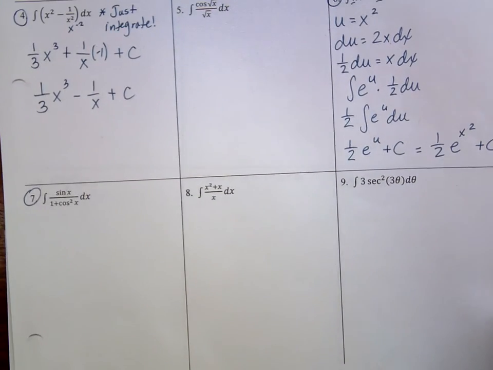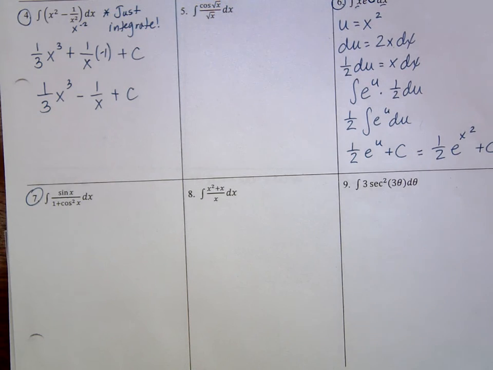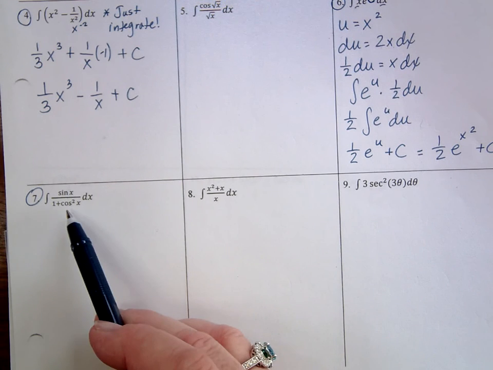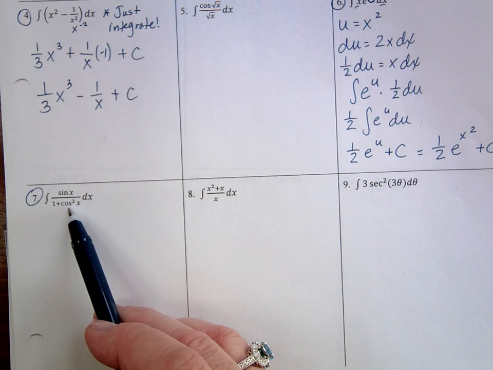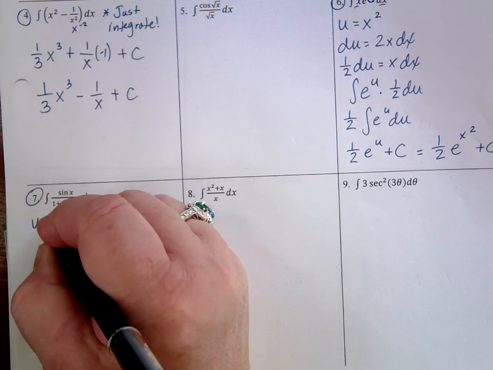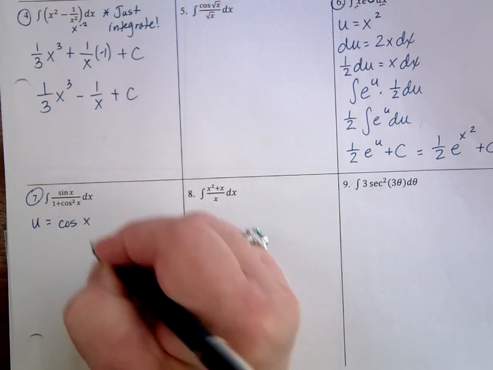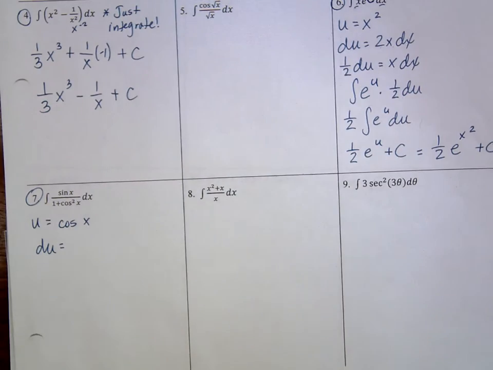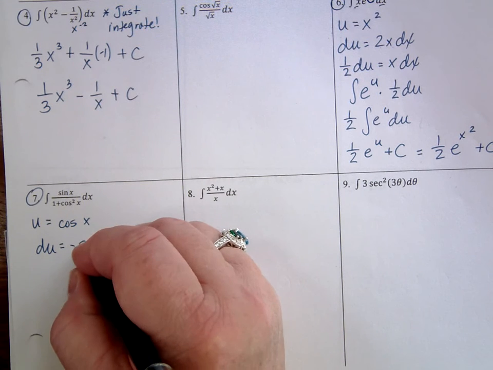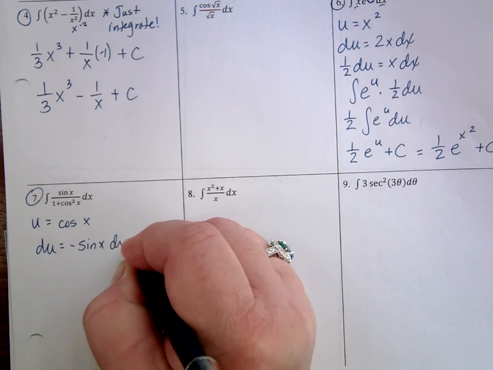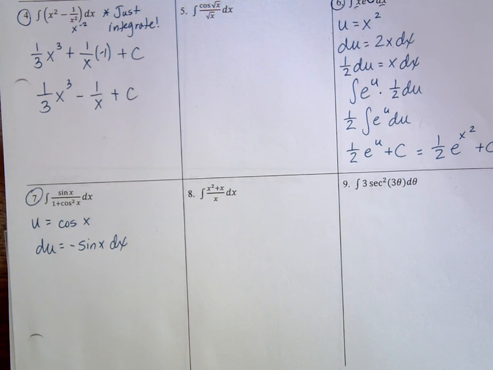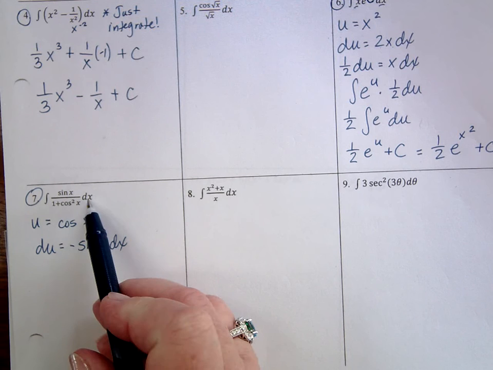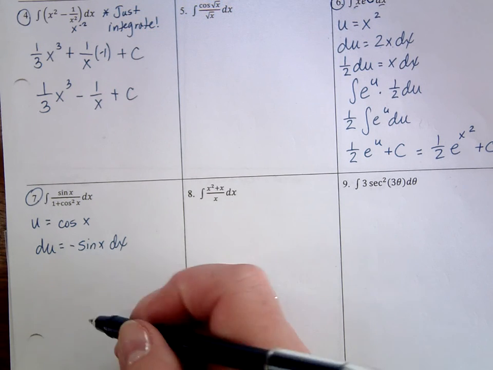And number 7, I'm going to pick, of all these pieces, the piece that's ugliest, this one that's being squared. So I'm going to let that be my u. u equals the cosine of x. That means that du equals a negative sine of x dx. And so I can see I have a sine of x, I have a dx, I don't have the negative, so I'm going to divide that out.